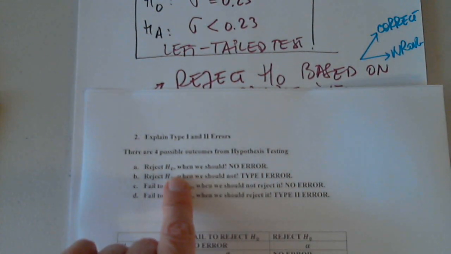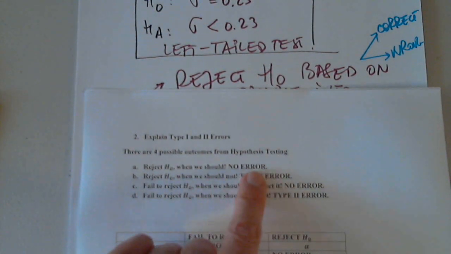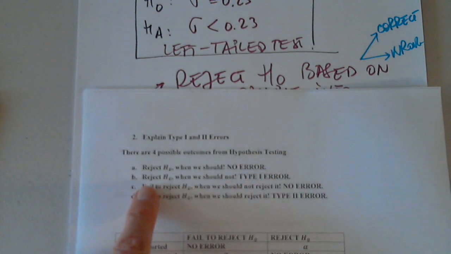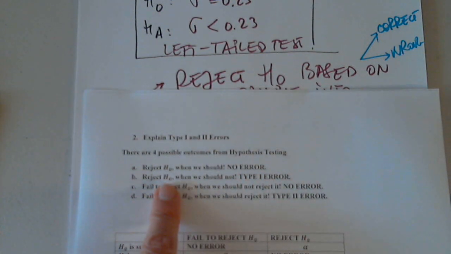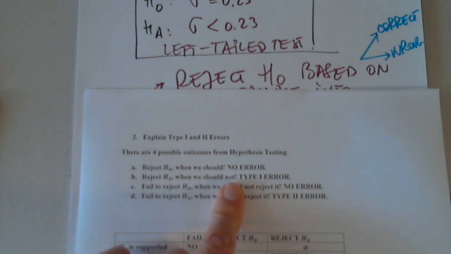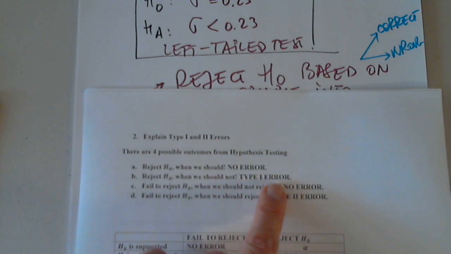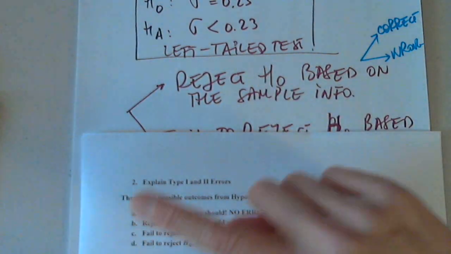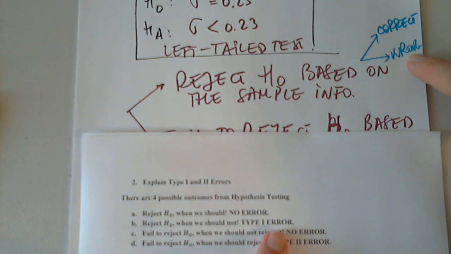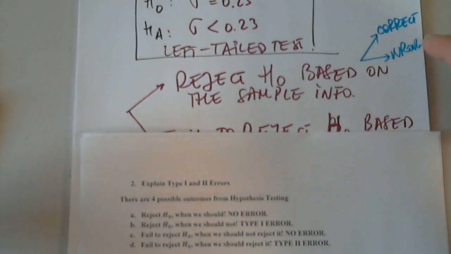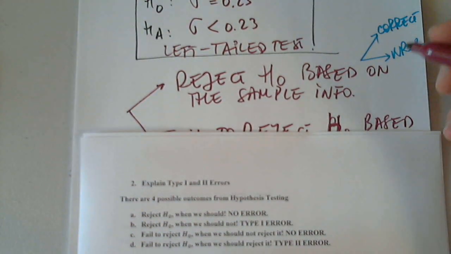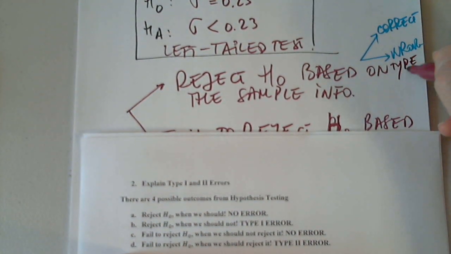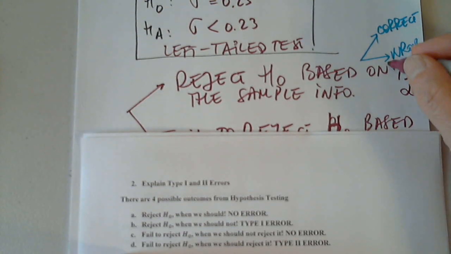I reject the null hypothesis when I should: no error. When I reject the null hypothesis, but I should not reject it, I do make an error. This is called type 1 error. Type 1, and that is alpha.